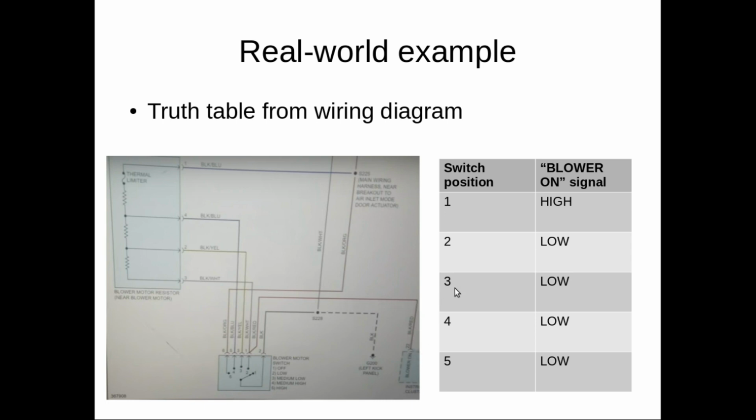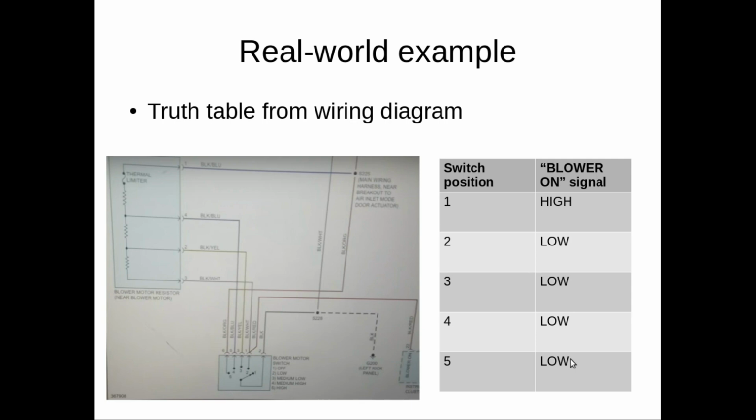So for row number 3 we also will have low signal at the terminal. The same thing happens for positions 4 and 5, only it takes longer to ground the terminal. We will still have low signal for those positions.